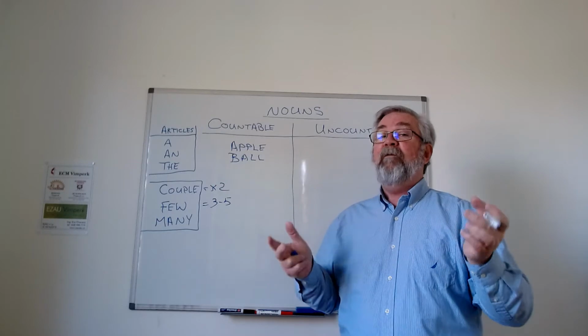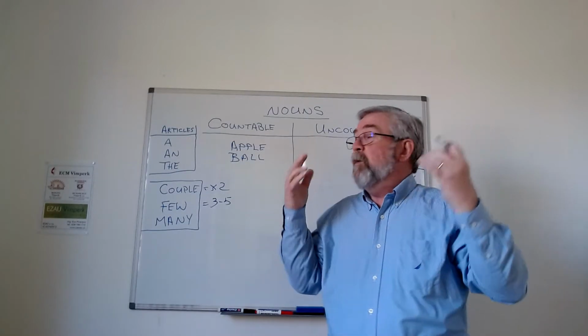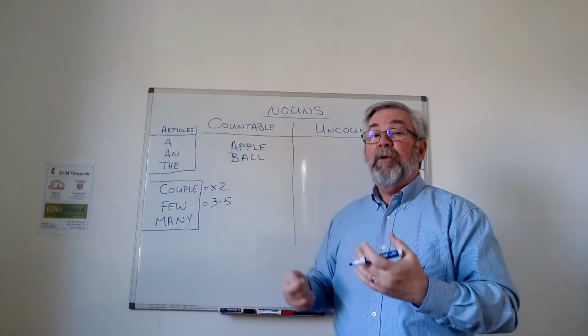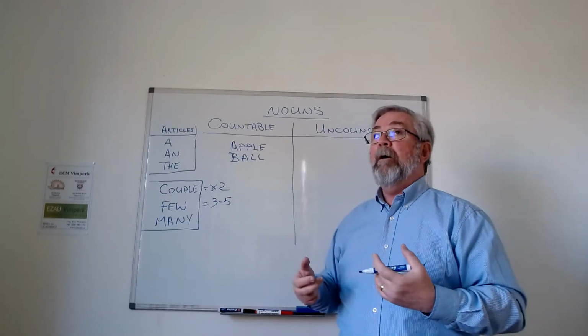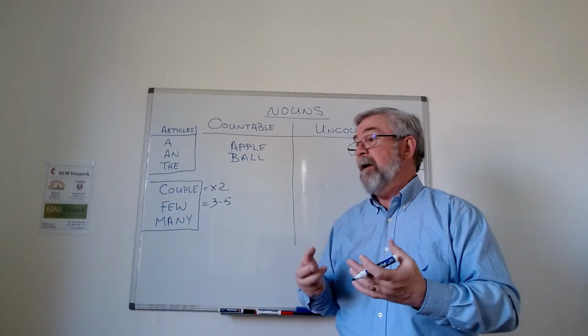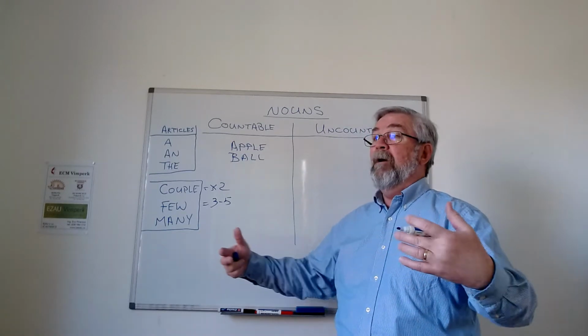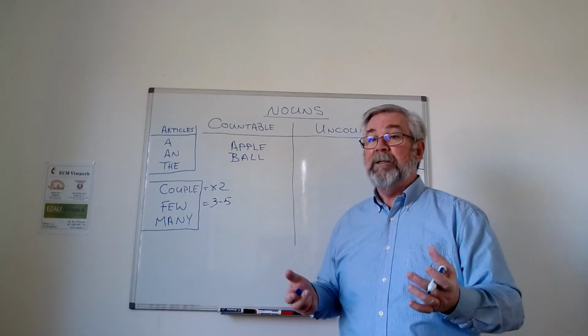I have a few apples. So in your mind, when you're thinking of countable apples, the person who says, I have a few apples, you can say, okay, they have 3 to 5. Many apples might be a whole basket full of apples.